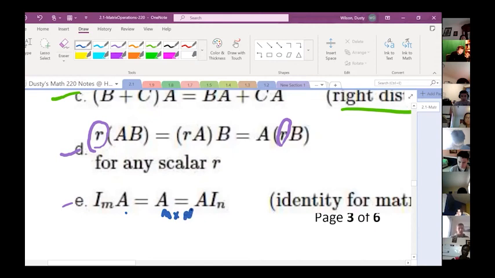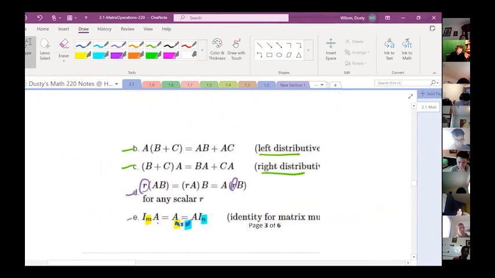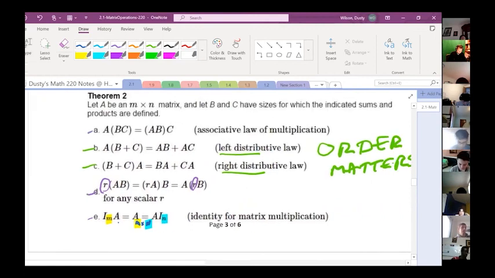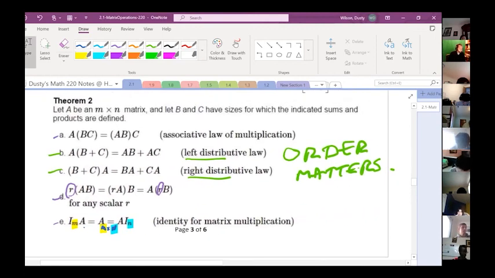On the front end, you have an I_M if you multiply by I on the left, but you'll have an I_N if you multiply by I on the right, because you have to make sure that the dimensions match. Questions about the theorem?